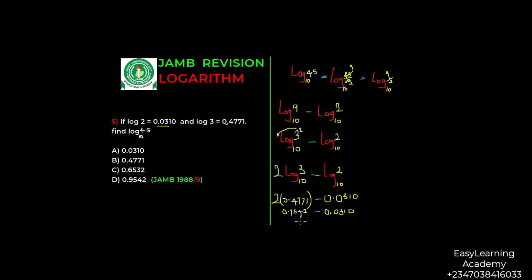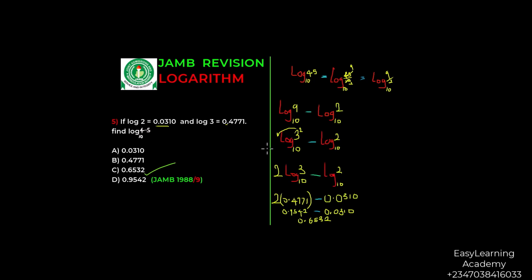If we subtract, what we're going to have as our answer is 0.6532. Then let's go to our options to take the correct option. We have 0.6532, option C. Option C was the correct option in that question.